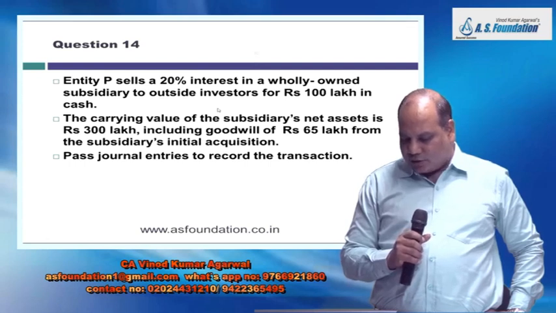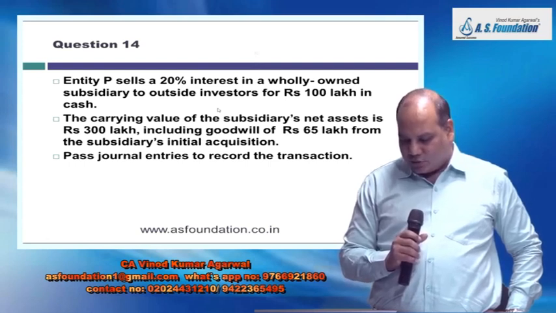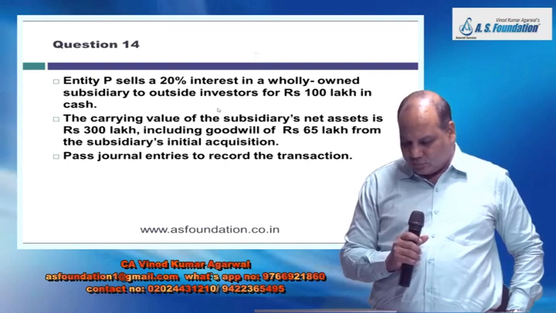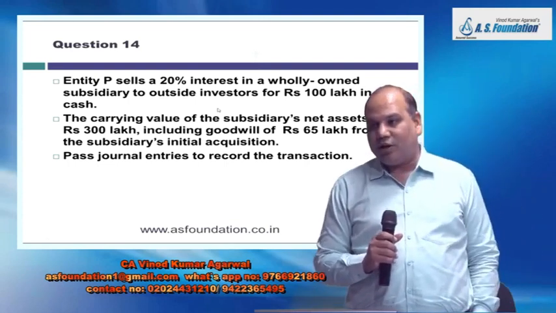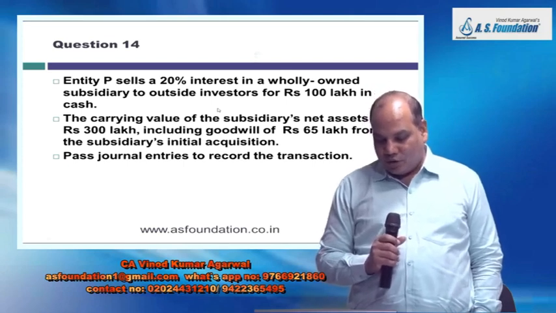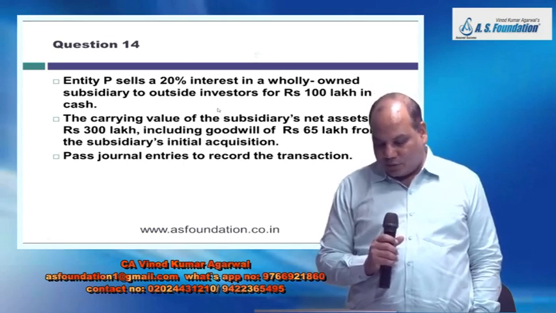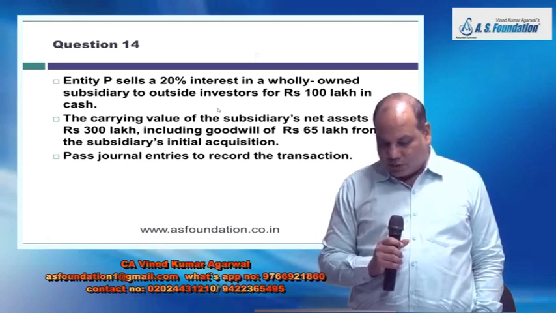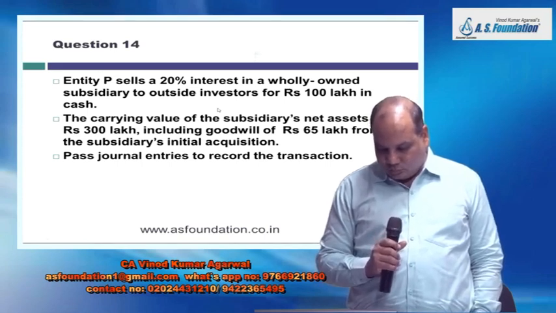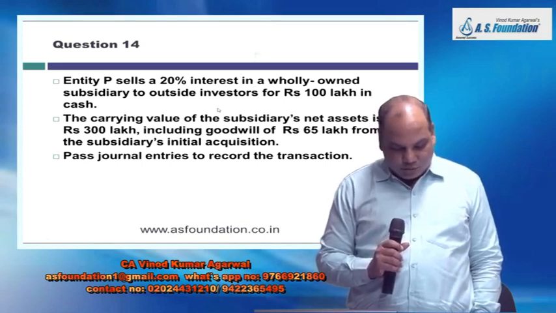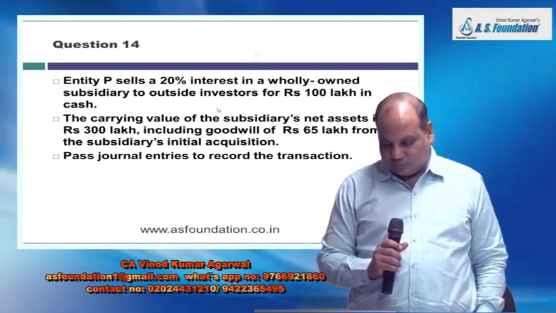To an outside investor for rupees 100 lakh in cash. The carrying value of the subsidiary's net asset is 300 lakh, including goodwill of rupees 65 lakh from the subsidiary's initial acquisition. Pass journal entries to record the transaction.